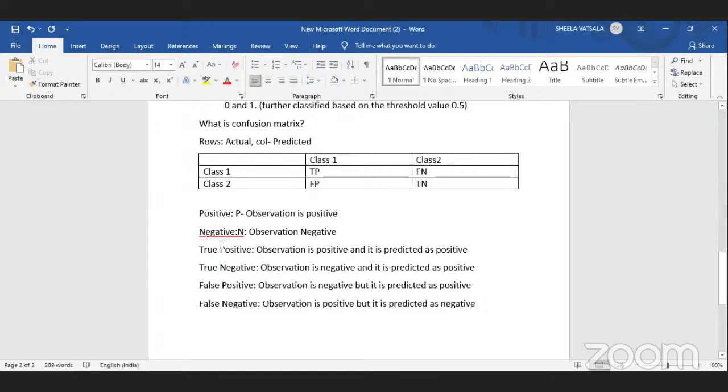So whenever we see a true positive case, that means the observation is positive and it is predicted as positive, which is a good thing about the model. True negative is when the observation is negative and our model has predicted it as negative.